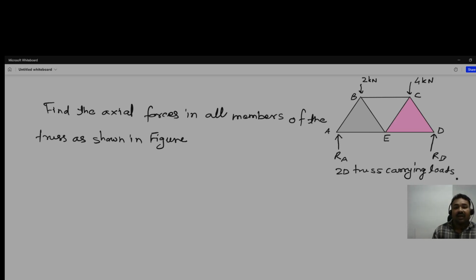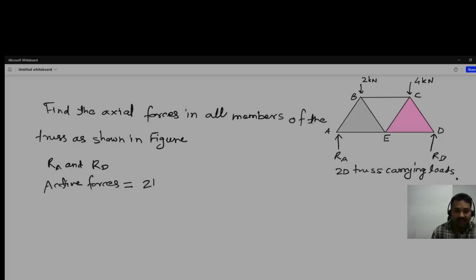Okay, so all the support reactions are replaced by two reaction forces, RA and RD. There are two active forces, or you can say externally applied forces.